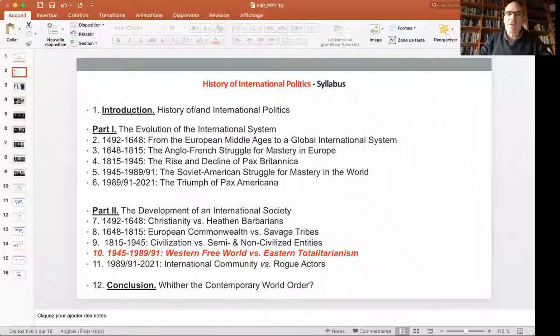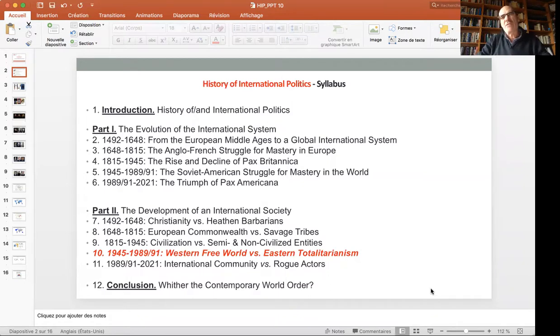Chapter 10 in our History of International Politics lectures. We will have a look today at the international order, the normative dimension of the international order during the Cold War period, that is to say, from 1945 to 1989-91.